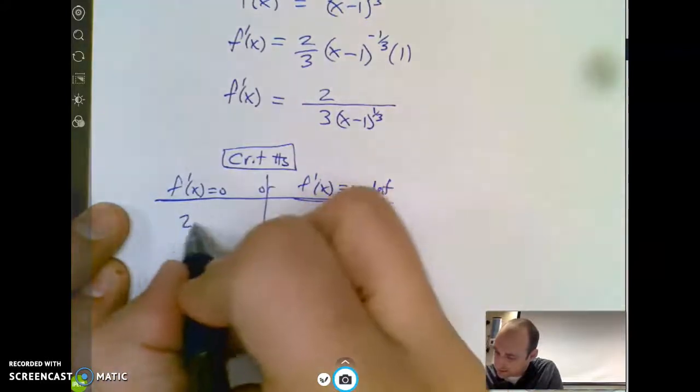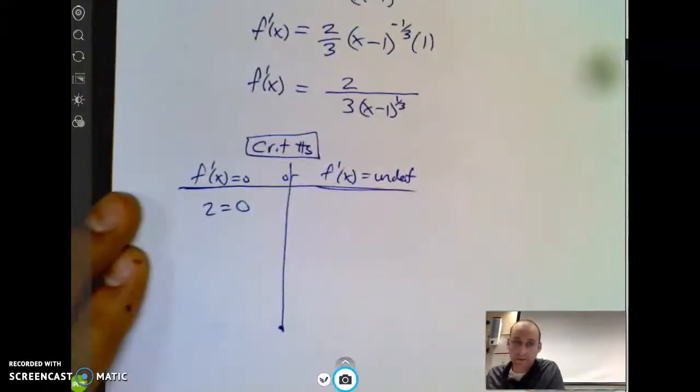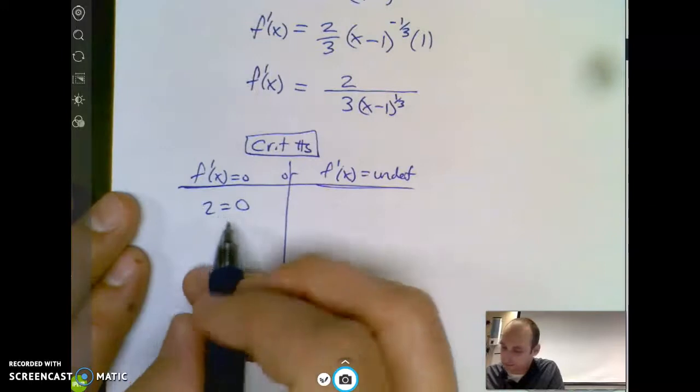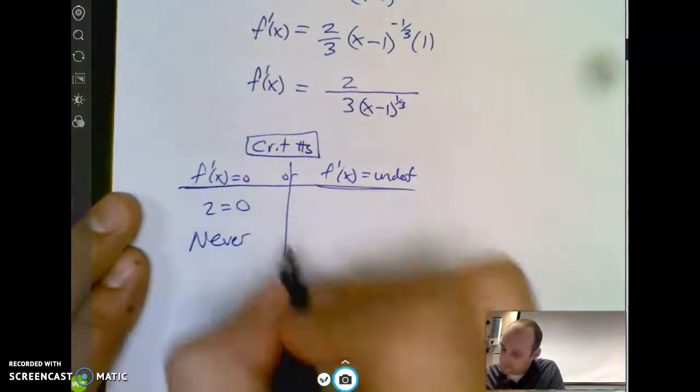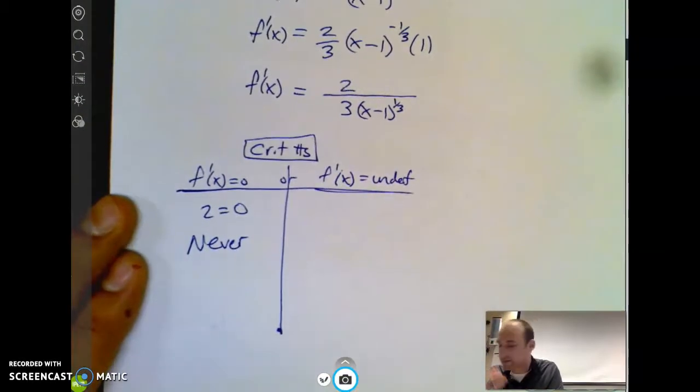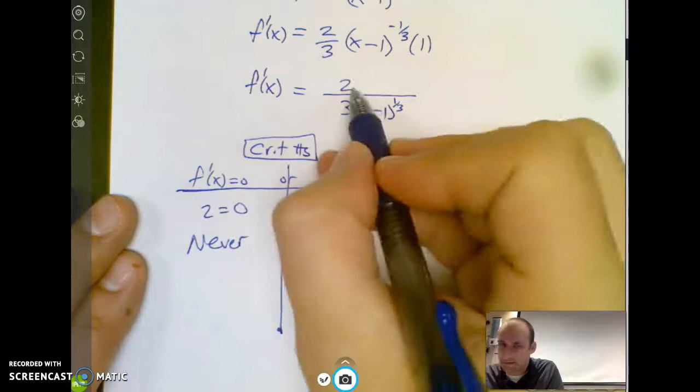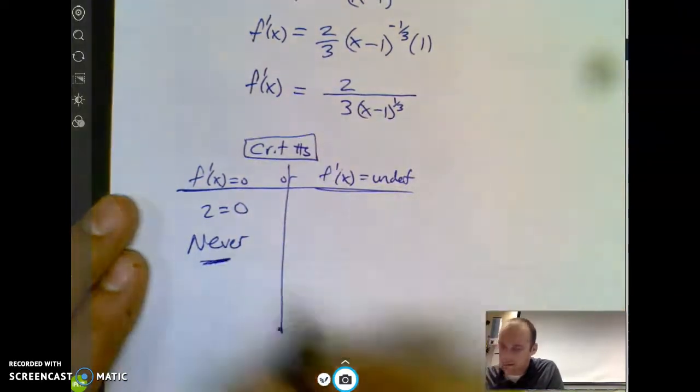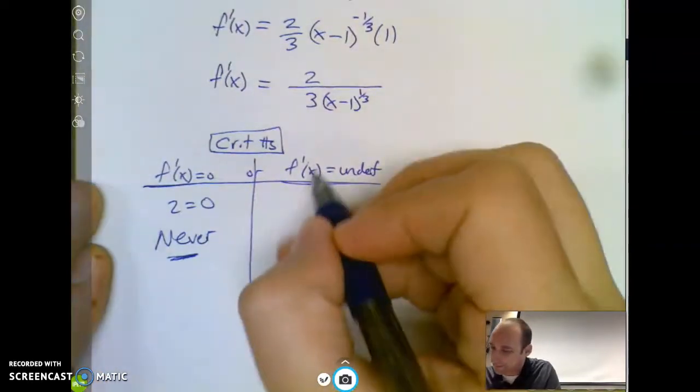So you set the top equal to 0, and then your brain melts because that's not even possible. This is never. Sometimes you'll have a case where the top's never equal to 0. Sometimes you'll have a case where the bottom's never equal to 0. This is one of those times. You can never turn a 2 into a 0. So I don't have a critical number there.